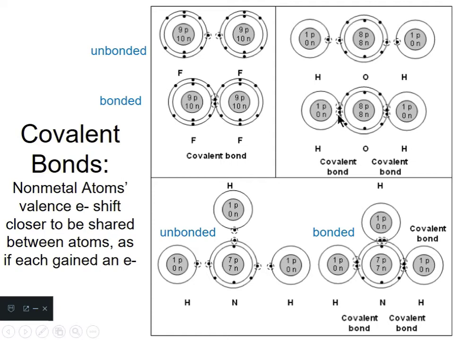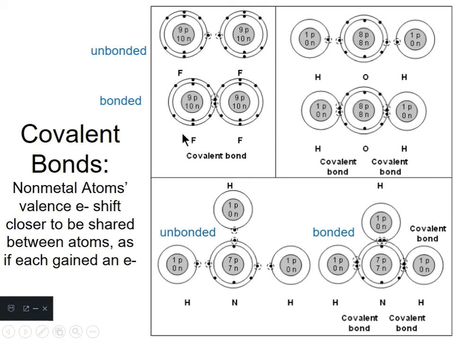And so here it gets one from this hydrogen and one from this hydrogen, but it's not transferring. They're overlapping and sharing. So it's a different mechanism that results in the same thing, except that now I have no ions. Because I didn't actually transfer the electrons, both the hydrogens and the oxygen are neutral.